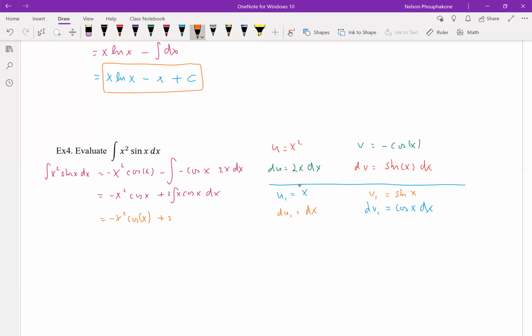And then now I will have 2 times, here is the 1, so I will have x times sine of x minus the integral of v du. So I will have sine of x dx now.